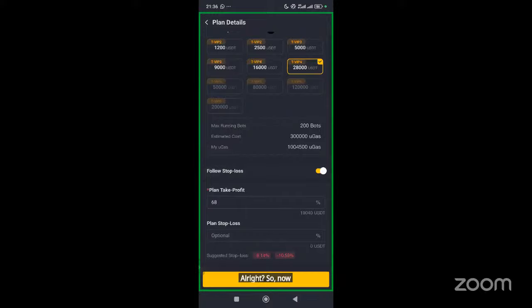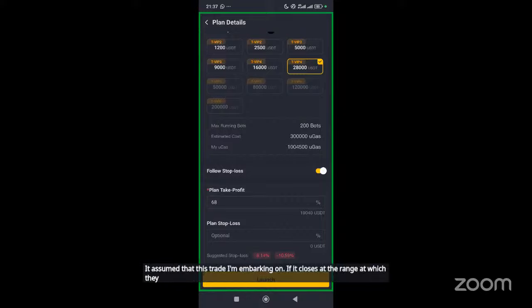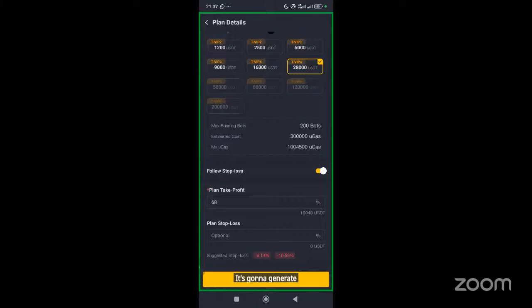So now, from what I'm explaining to us, you can see how wonderful this particular strategy is, and this is the reason why we are so excited about it. You can see by default of the take profit, it assumes that this trade I'm embarking on, if it closes at the range at which they put the take profit, is going to generate for me $19,000. Are you seeing it here? This is the take profit here.